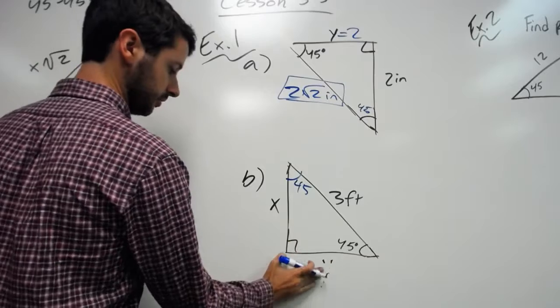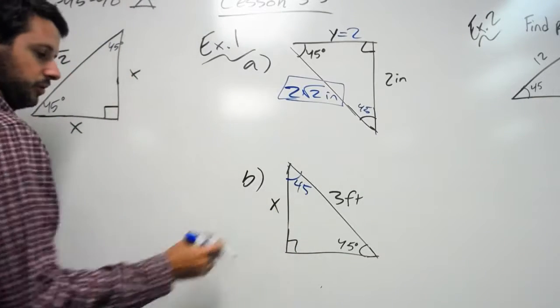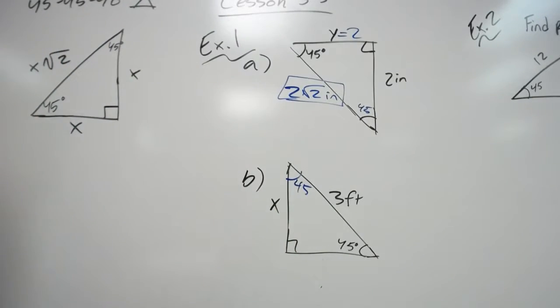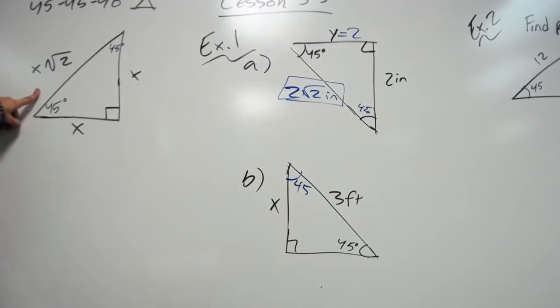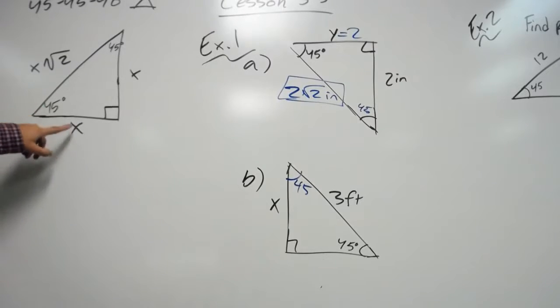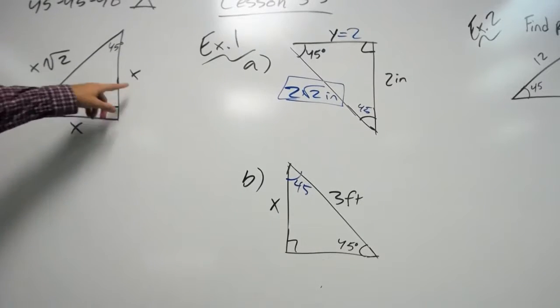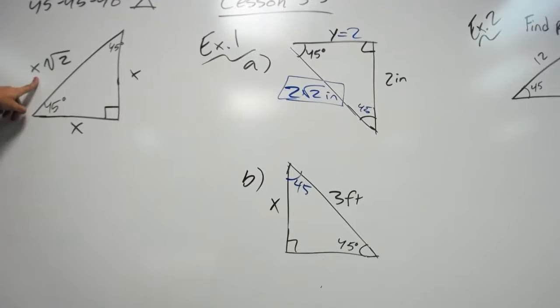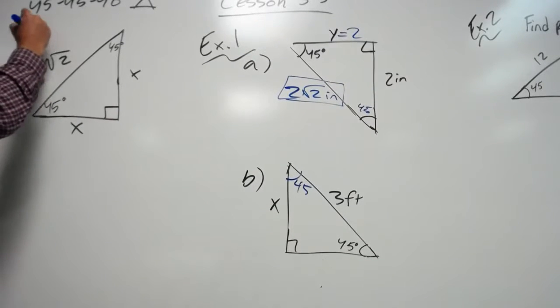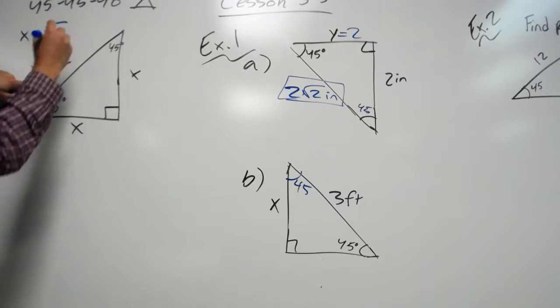So we can assume that both of these sides are the same. So we only need to solve for one leg. So if we look back at this triangle, a leg is the value of x, and to get to a hypotenuse, we multiplied by radical 2. This is x times radical 2.